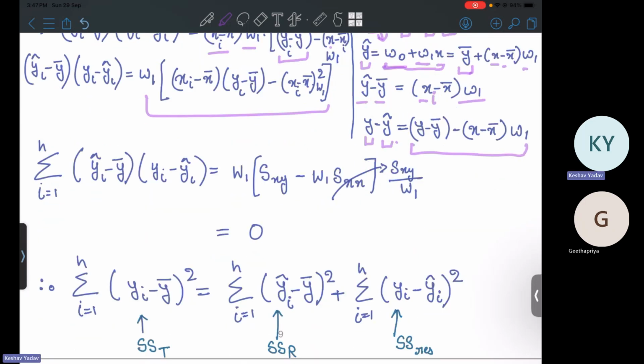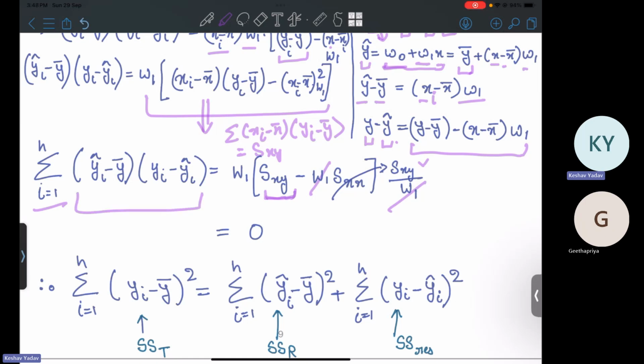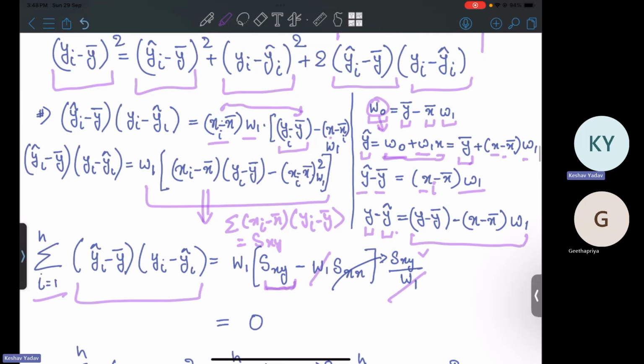If we take the summation, this is nothing but the summation of xi minus x bar times yi minus y bar, which will be equal to Sxy. Similarly here it will be Sxx, which will be equal to Sxy divided by W1. From there W1 will cancel. So Sxy minus Sxy will be equal to 0. So this cross term is equal to 0.